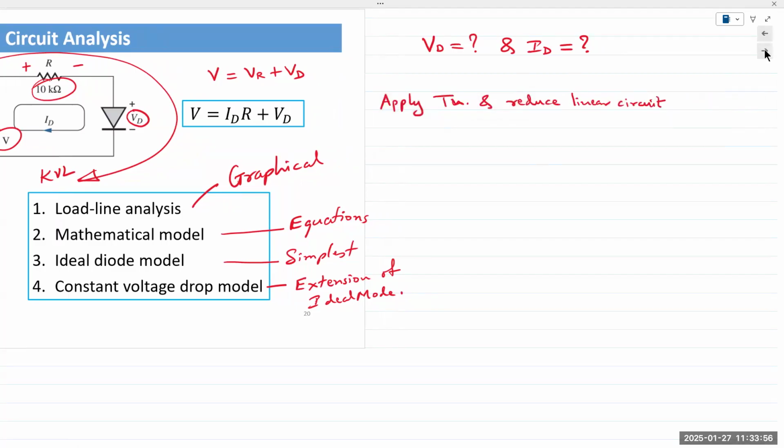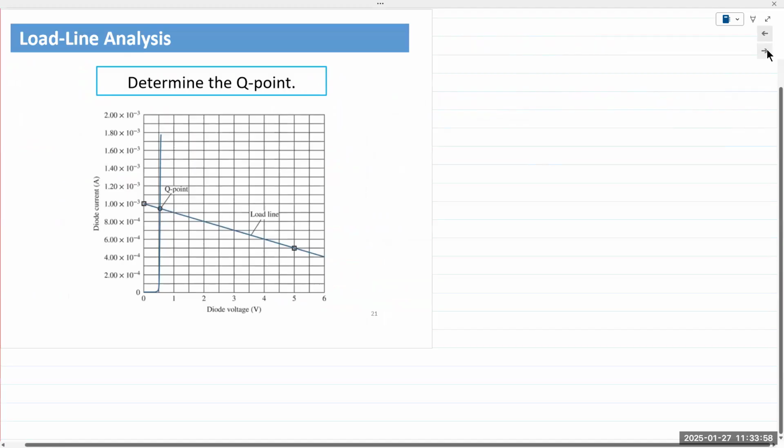So this graphical technique is based on load line analysis.